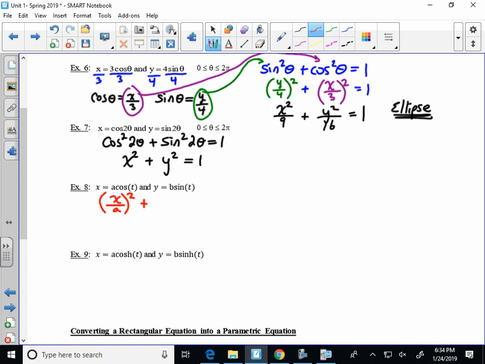And it would be the same idea for the y's, y over b squared. Equals 1. So that gives us the general form, the standard form, sorry, of any ellipse centered at 0. All right, so this is any ellipse centered at 0.